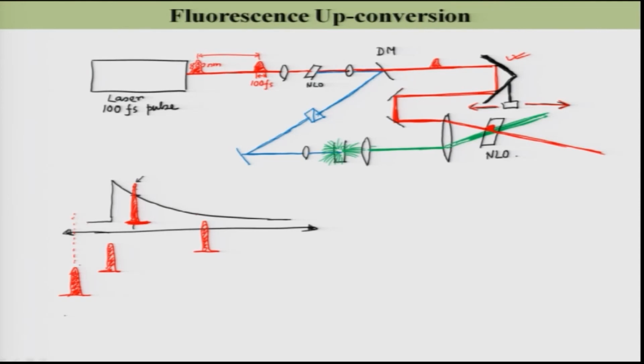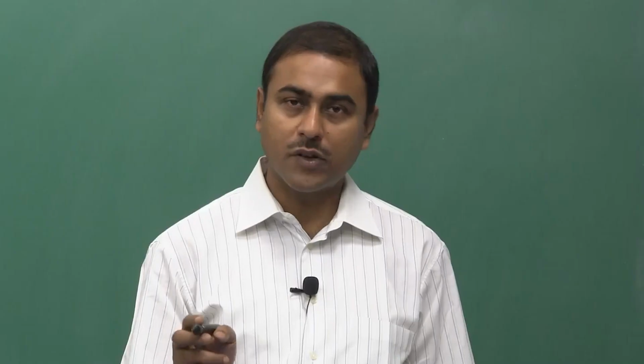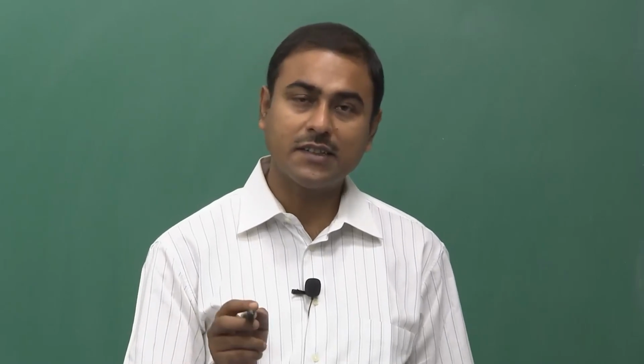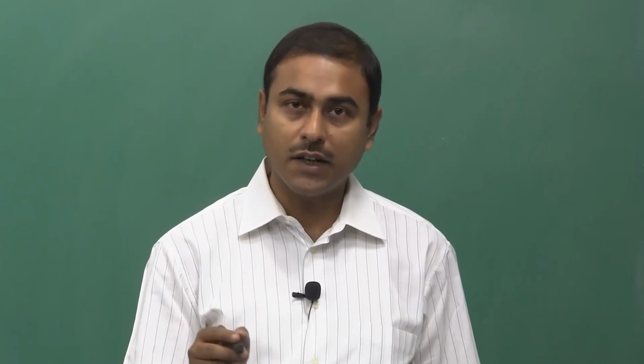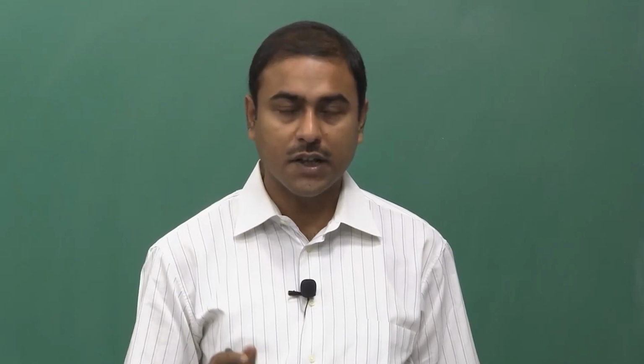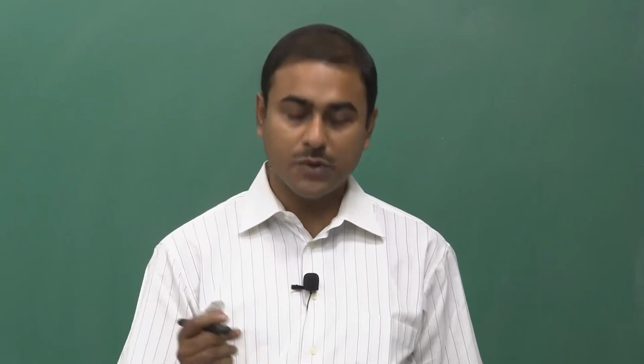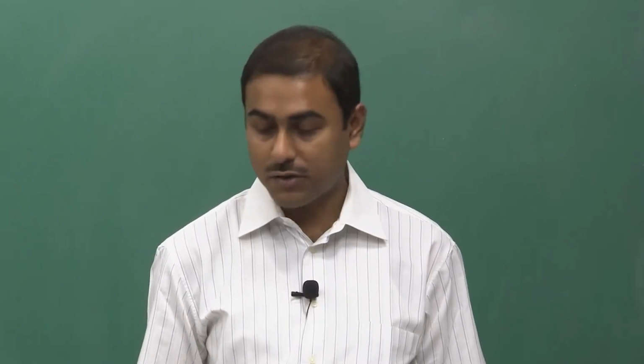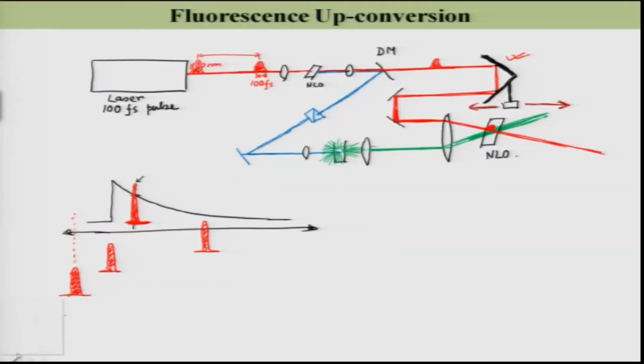You remember that omega 1 and omega 2, omega 1 plus omega 2, but it has its E01 and E02 for these two components. If one of them is 0, that product will be 0 automatically. So, I will not get any signal in this direction, right.